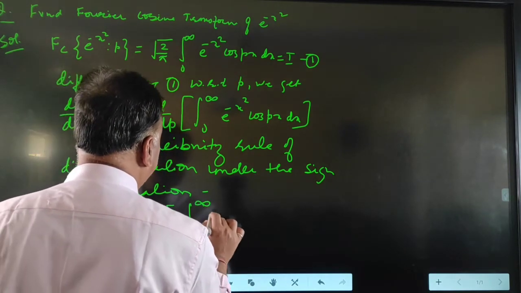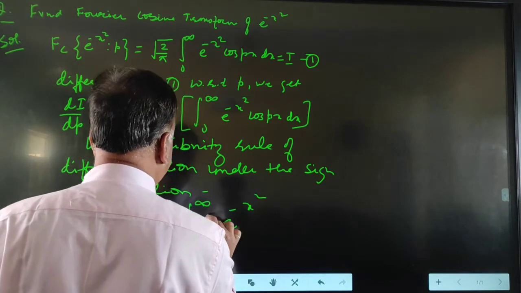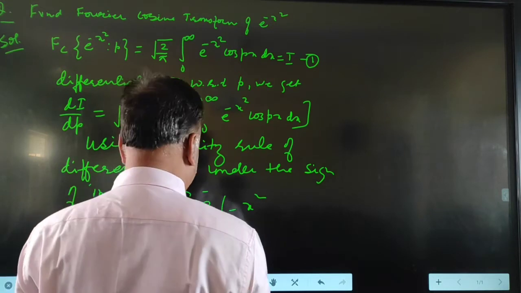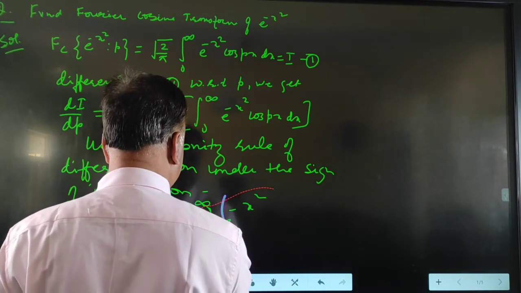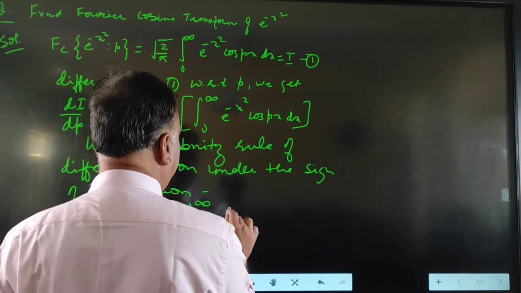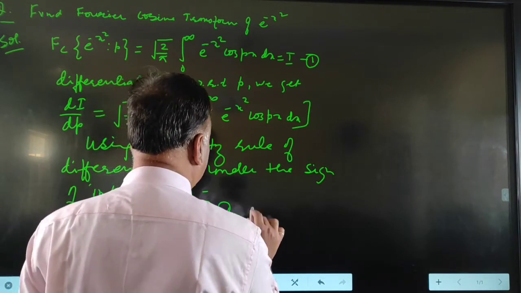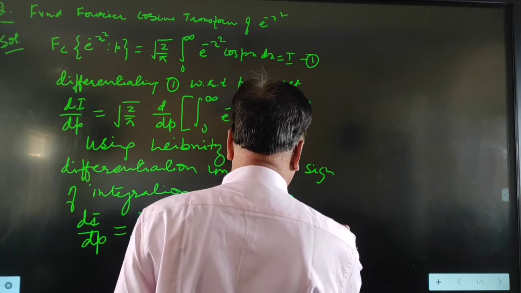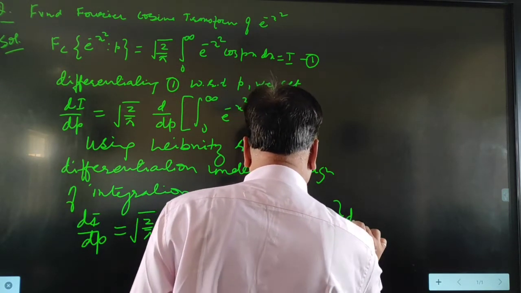integration 0 to infinity, del by del p of e raised to minus x square cos px dx.